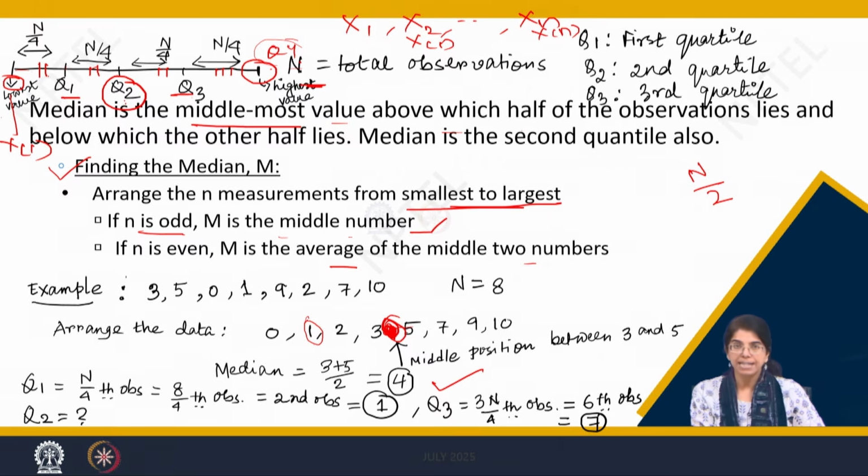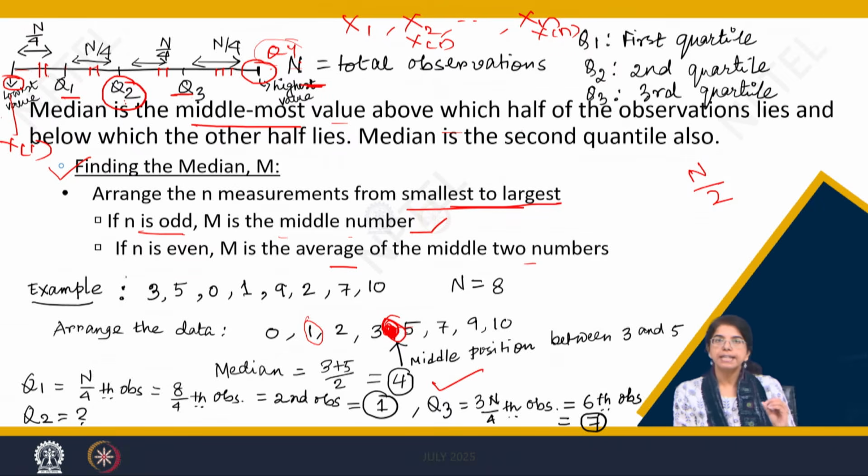So, 7 has rank 6, so 7 will be your third quartile. Probably you have seen that all these quantiles, no matter whether it is the median, the first quartile or the third quartile, are based on the relative position of the data observations, right?